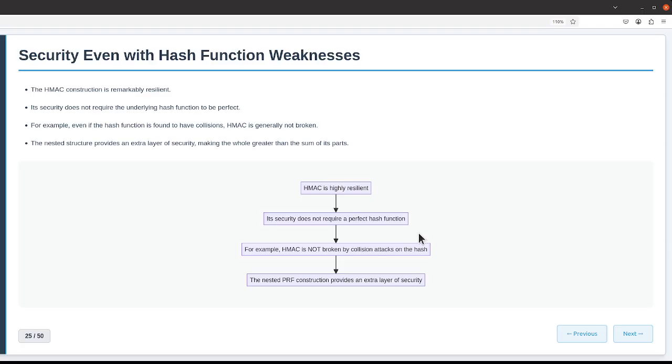This is because finding a collision in the hash function does not necessarily help an attacker break the PRF property of the HMAC wrapper. This resilience is extremely valuable, as it means HMAC can remain secure even if new, minor weaknesses are discovered in hash functions like SHA-256 in the future.